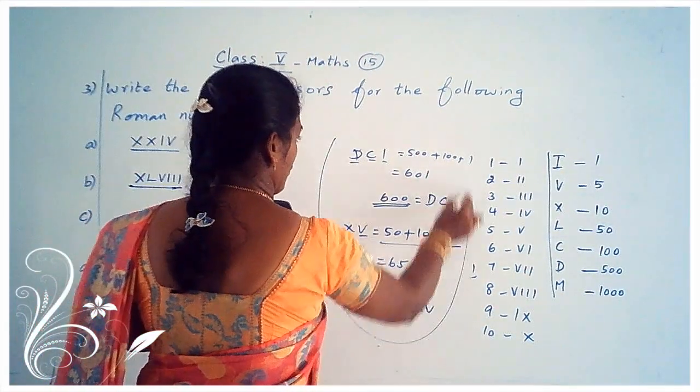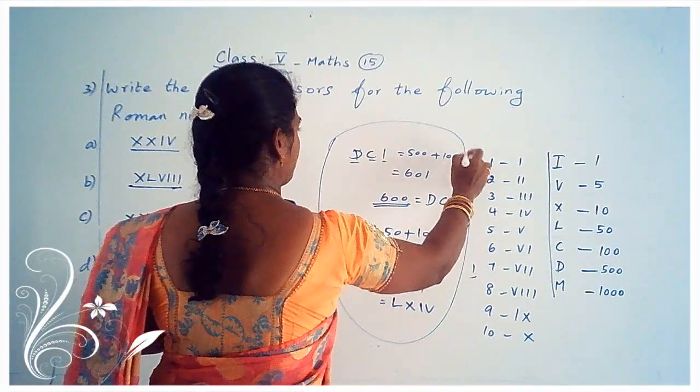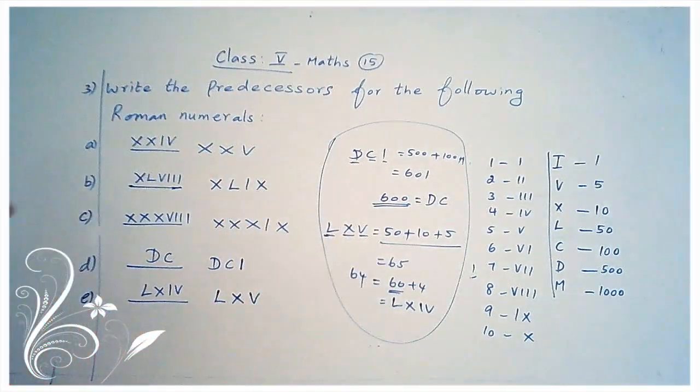This is the rough work. Second question finished, yes, children? So you put the line. Once a question and answer is completed, put a line using a scale. Are you listening? Yes. Now you start the third question.